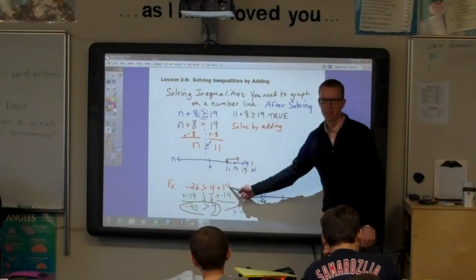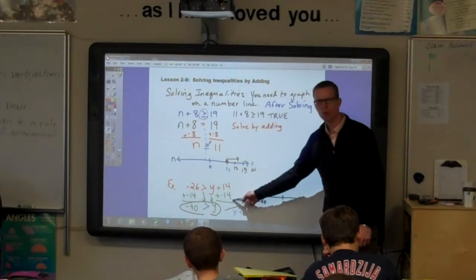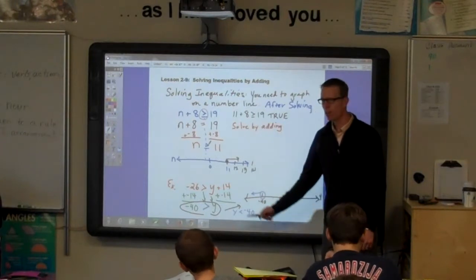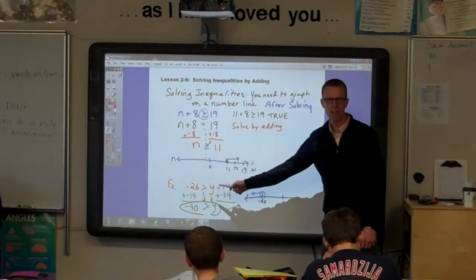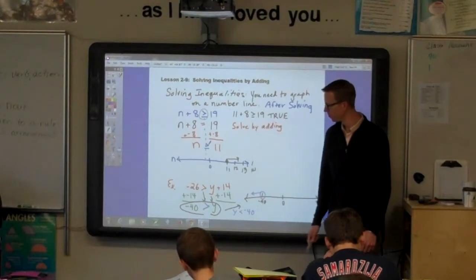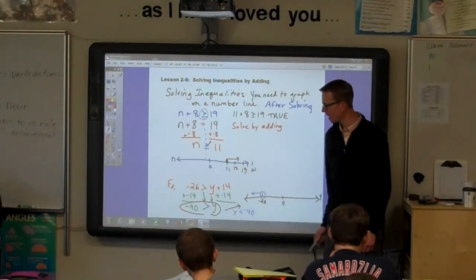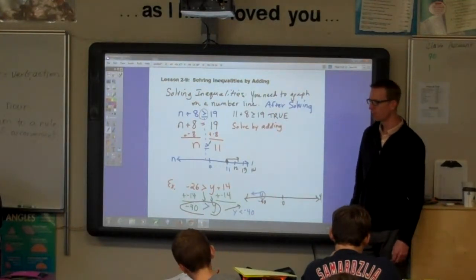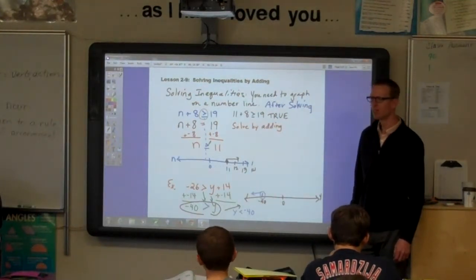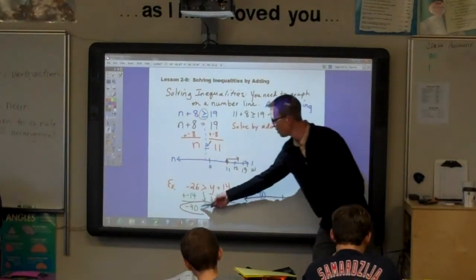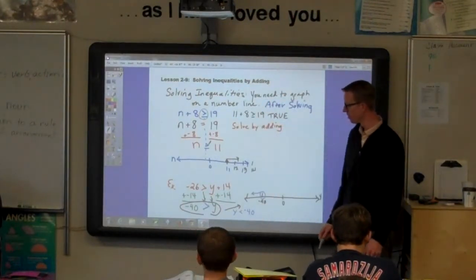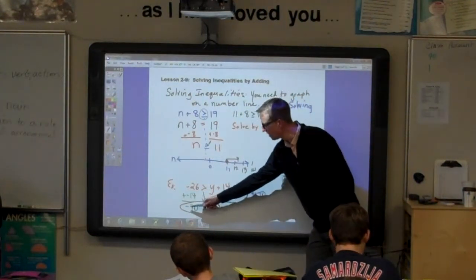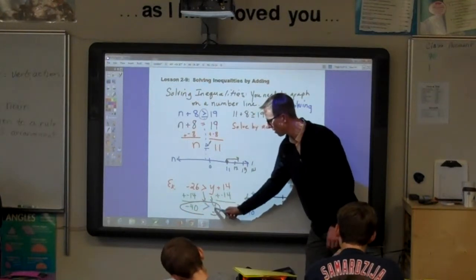You add negative 14. That gives us 0. And whatever you add on one side, you have to add on the other side. So now on the other side, negative 26 plus negative 14 is, Nikki? Negative 40. We bring down the sign that we have in there, and it says that negative 40 is greater than y.